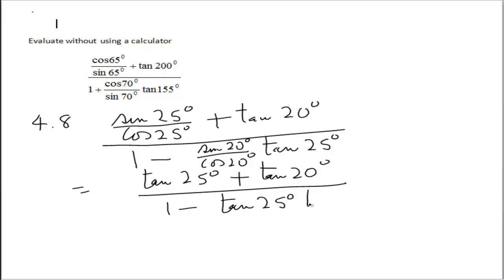That's the commutative property, and that gives us tan of A plus B, which is 25 plus 20 degrees, and that's tan 45, which is 1.